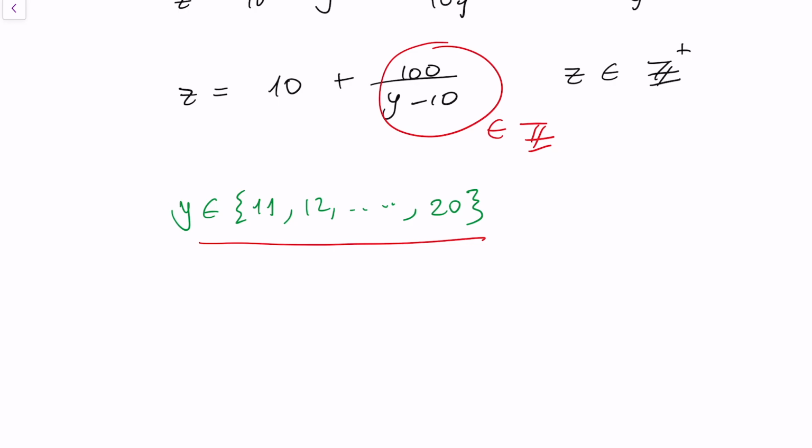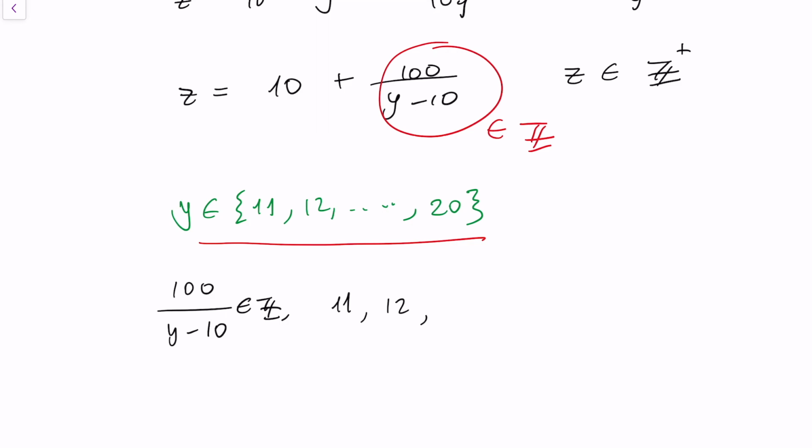Okay. So based on this now, since y can be anywhere between 11 to 20, let's have a look at 100 over y minus 10. And we want this to be an integer, right? So, element of integers. So what have we got then? Well, y could be 11, 100 over 1. Yeah, so y could be 11, that would work. y could be 12, yeah, 12 would work as well.